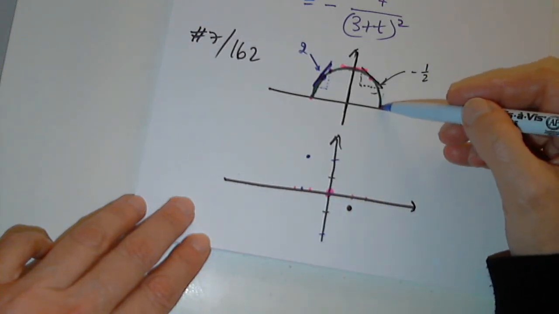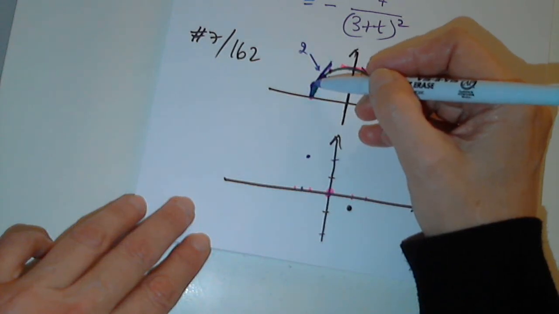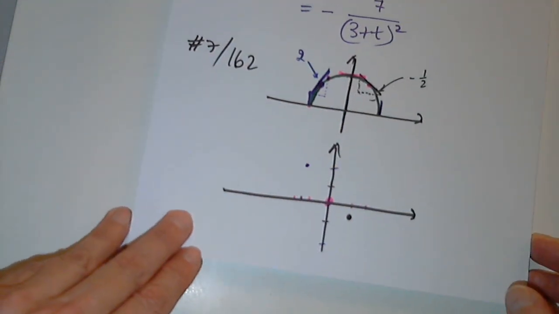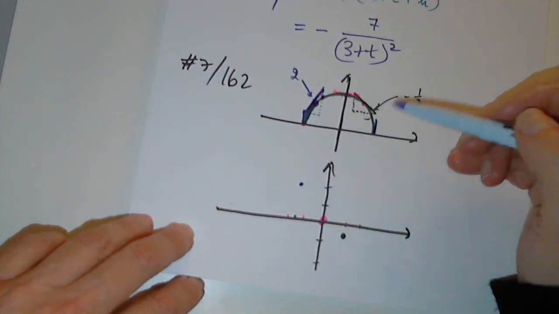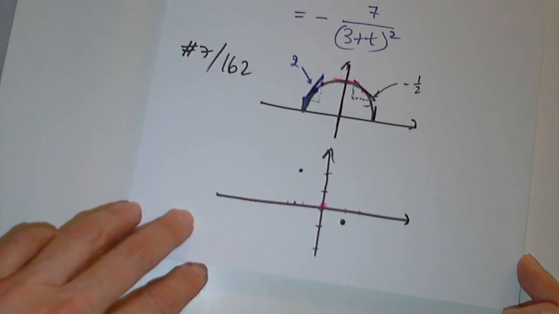And here, what happens at these points? There is no slope. The function is not differentiable at these points. They're like cusps, right? Or if you want, you can even say it is like a vertical tangent. There is no derivative there.